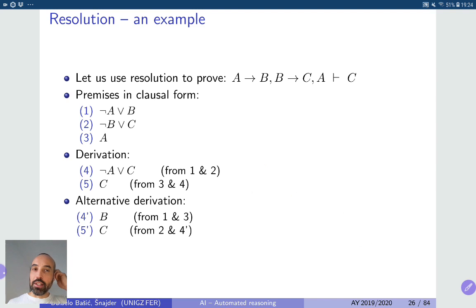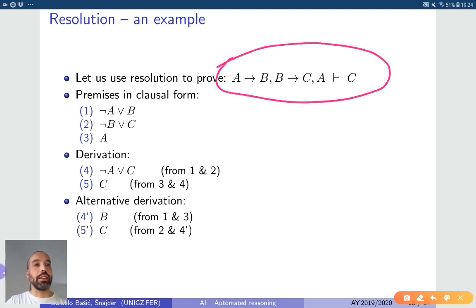Okay, let's give an example here. Let's use resolution to prove that this is the case. I'd like to prove that if I've got three premises here, A implies B, B implies C, and A, this deductively entails C, right?